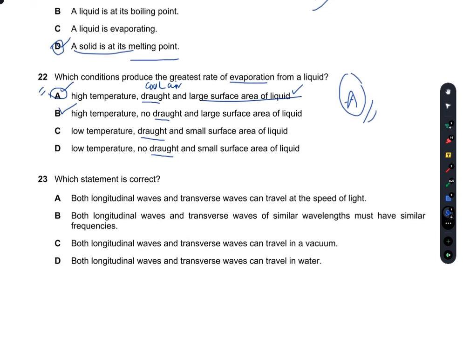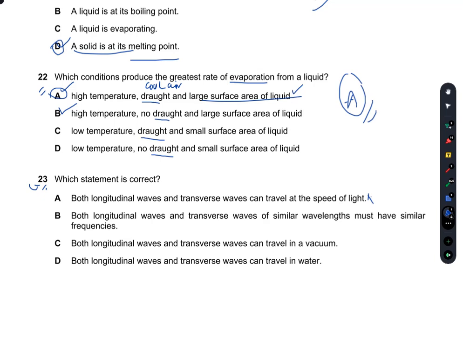Question number 23. Which statement is correct? Both longitudinal and transverse waves can travel at the speed of light. No, this is incorrect. Only the electromagnetic radiations or waves can travel at the speed of light, in my knowledge. Both longitudinal waves and transverse waves of similar wavelengths must have similar frequencies.